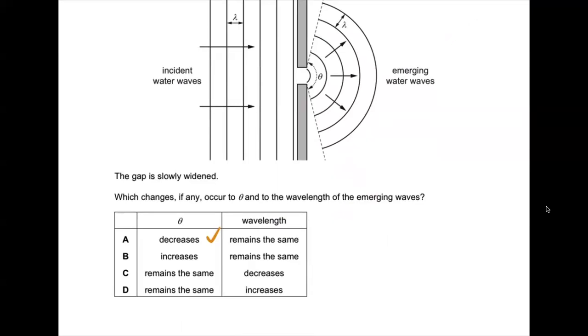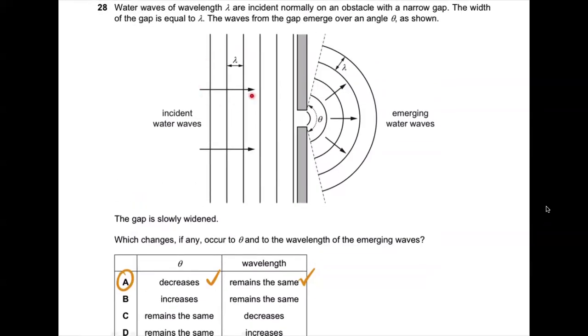And diffraction has no effect on the wavelength of the wave, so that remains the same. Wavelength affects diffraction, but diffraction does not affect wavelength, right? Do make sure that you understand this. Wavelength does affect how much bending would happen, but when diffraction happens, it does not change the wavelength of the incoming wave and the wavelength of the wave that comes out, right? So that's why it's this.